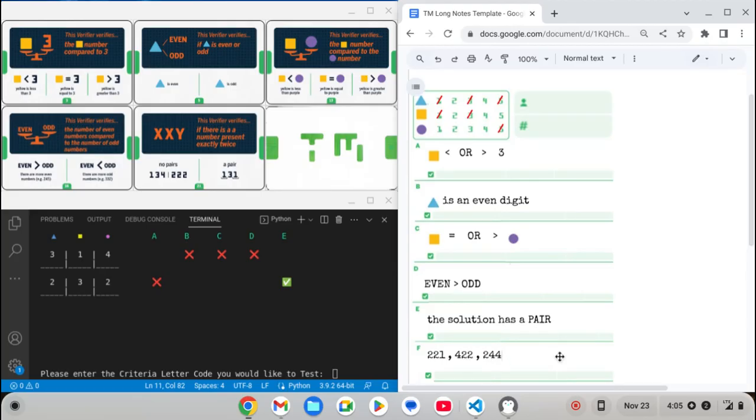Wow. I don't think I can cross any of those out. I think they all fall under everything we know so far about A, B, C, and D, and E, technically. Yeah, there's a pair. Okay, I think we do have to go to a second round.